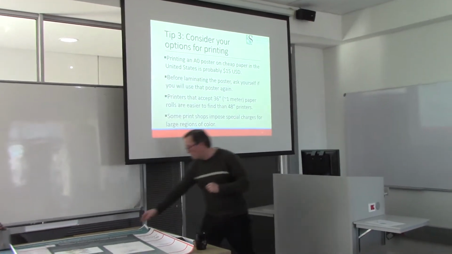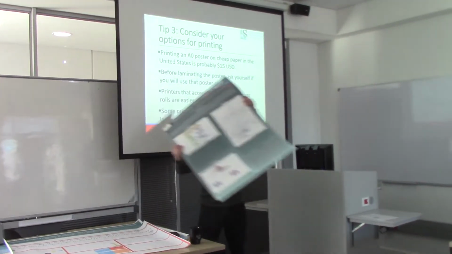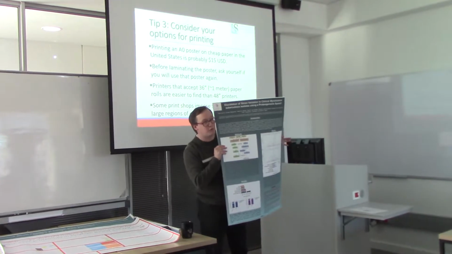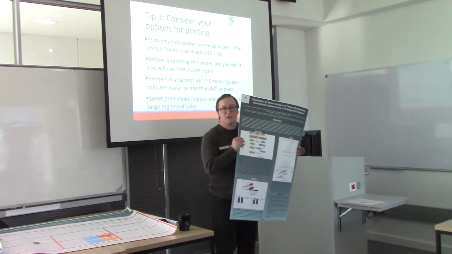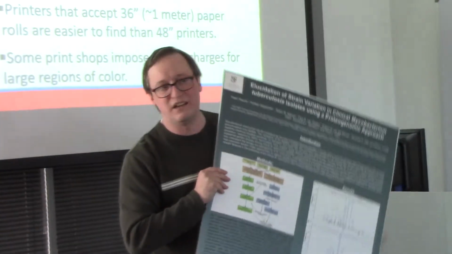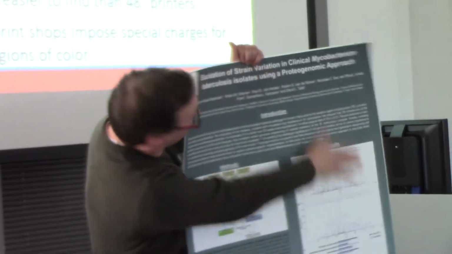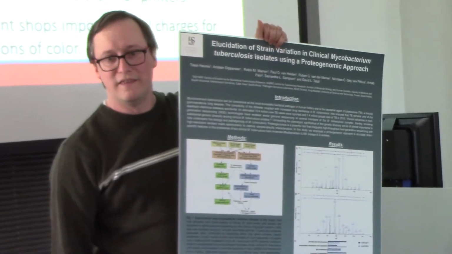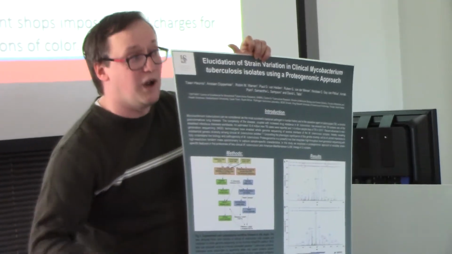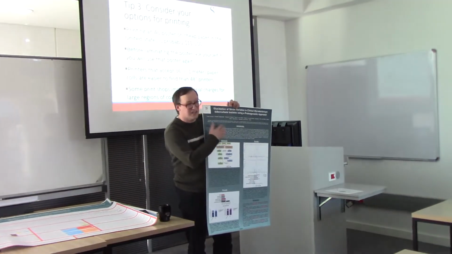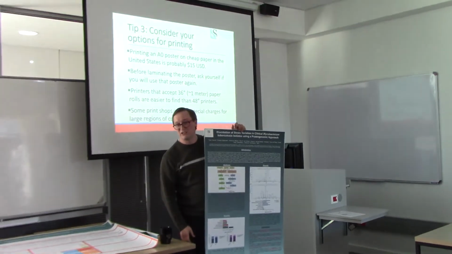Next, I wanted to note that if you have large regions filled with solid color, the print shop is going to look at that design and say, that's a lot of ink. Look at all that ink. Piles and piles of ink. That's not great. And a lot of them are going to charge you extra because you use a template that's got a lot of solid color on it.